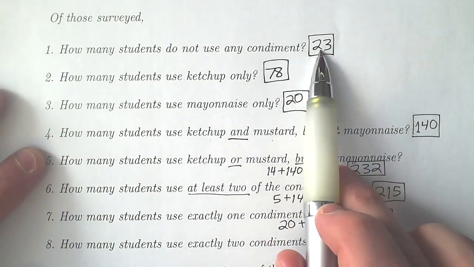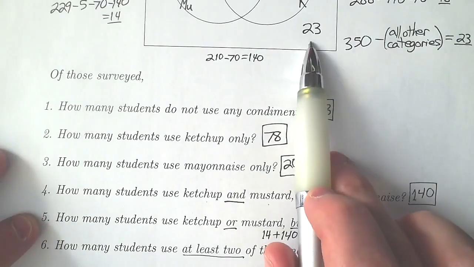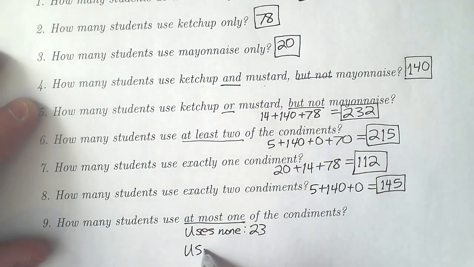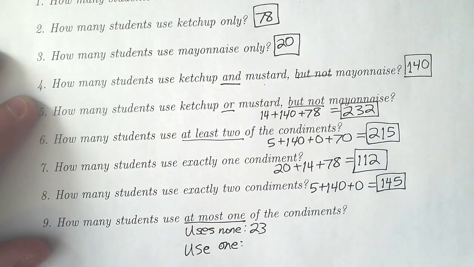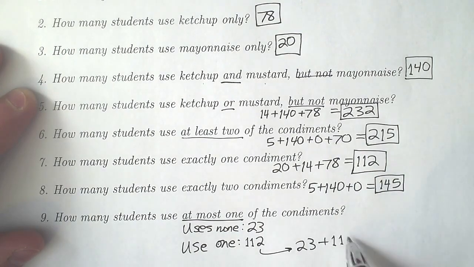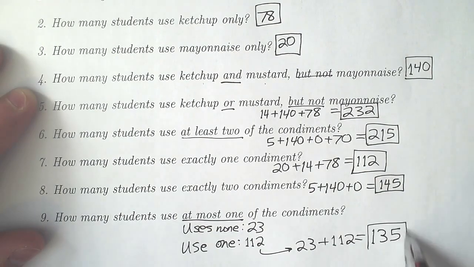In fact, that was the answer to part 1. It was this 23. And then how many students use 1? Well, that was the answer to part 7. That was 112. So I think what this problem wants is the 23 plus the 112. Get 135.